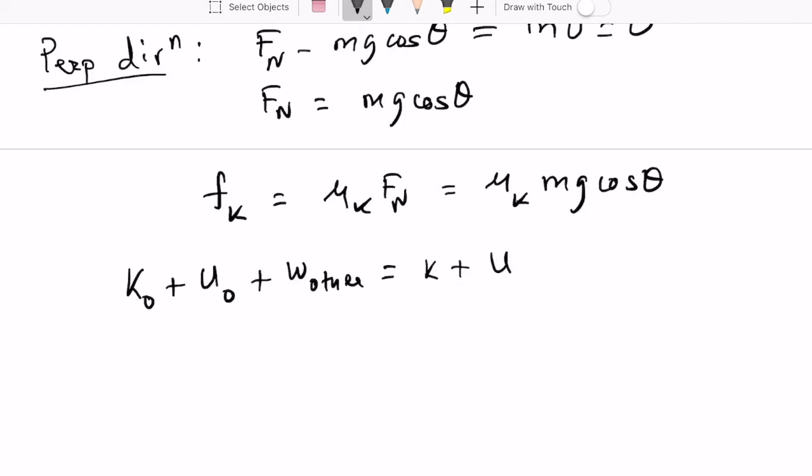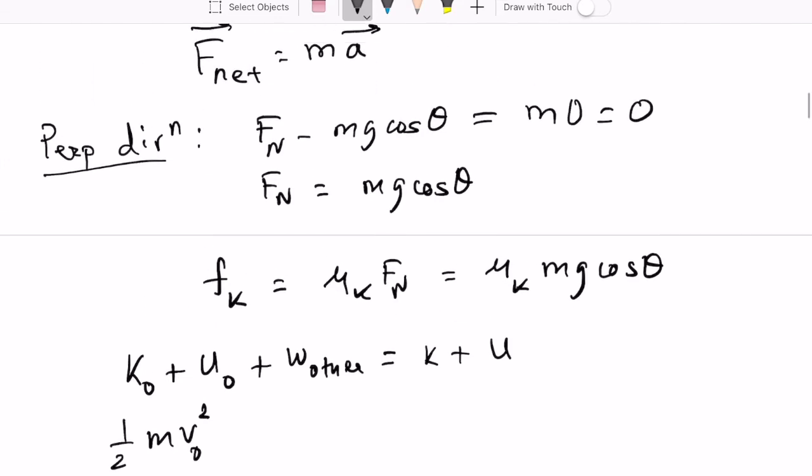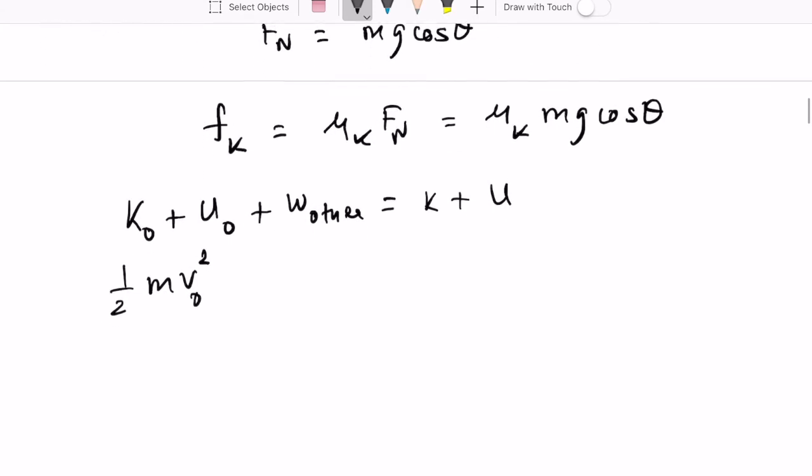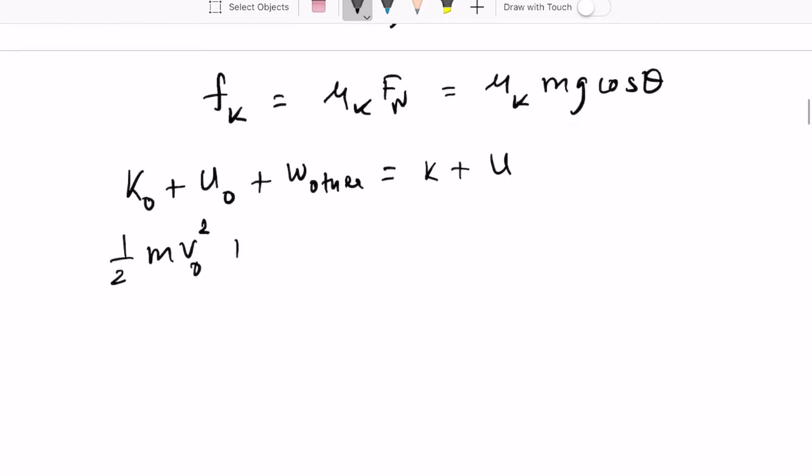The initial kinetic energy of the truck is half m v initial squared. The v initial is given as 35 meters per second. What is the initial potential energy of the truck? Again, we'll just choose h equals 0 to be at the ground. So the initial potential energy would simply be mg times 0, which is just 0.